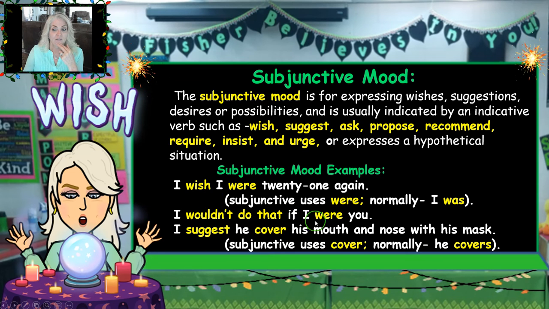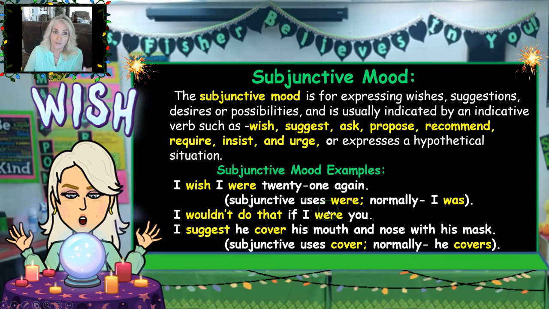I wouldn't do that if I were you. Normally, it would be if I was you, right? I was, not I were. It's they were. So that's why it's important for you to understand what is the subjunctive mood case to make sure that it's okay to use it in that tense.